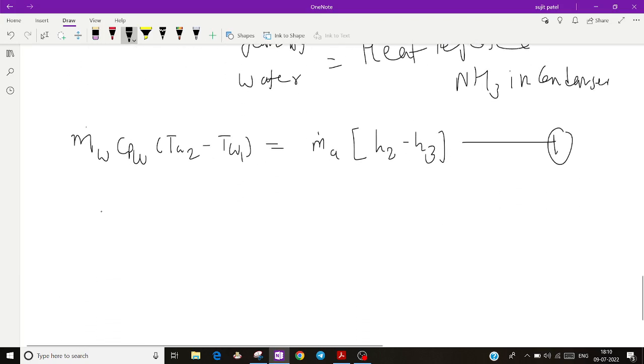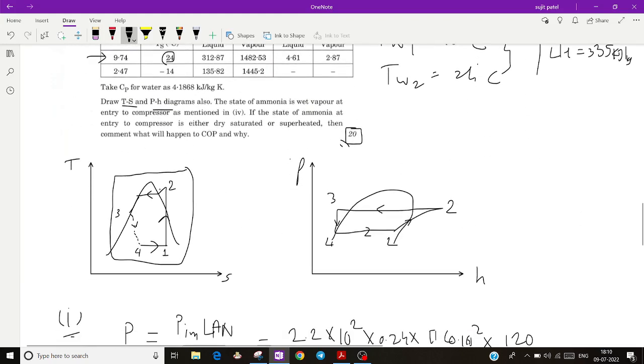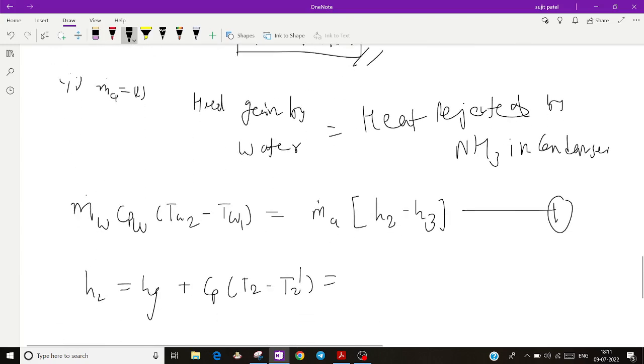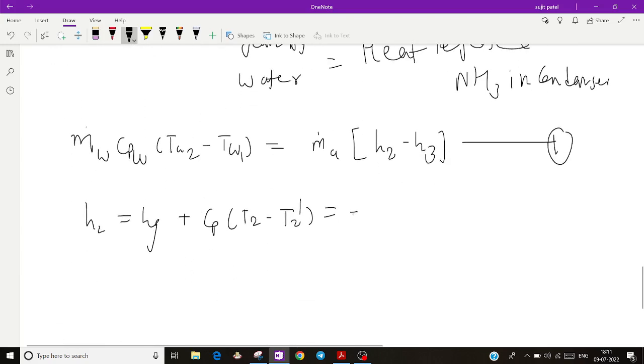So the enthalpy at point 2 is H2 equal to Hg plus Cp into T2 minus T2 dash. Here T2 dash is this point, 2 dash and 3 dash.